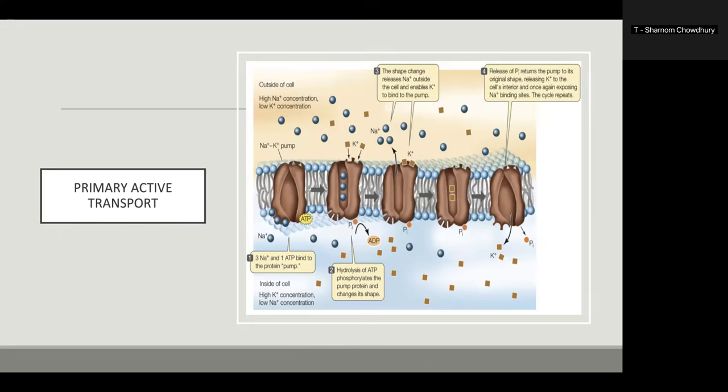Hydrolyzation of ATP converts it into ADP, adenosine diphosphate, which is an adenosine bound to two phosphates, and then it has one phosphate free flowing. Once ATP is hydrolyzed, ADP leaves, and one of the phosphates from ATP is bound to the membrane protein. Because it's bound to the membrane protein, it changes its shape.